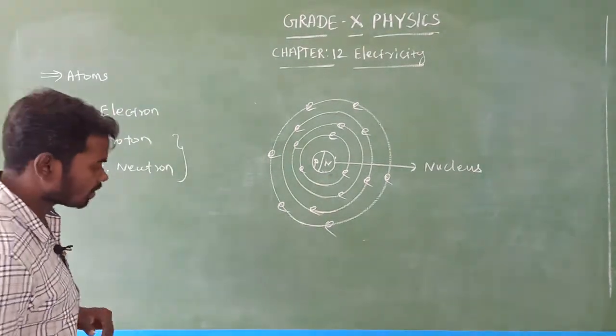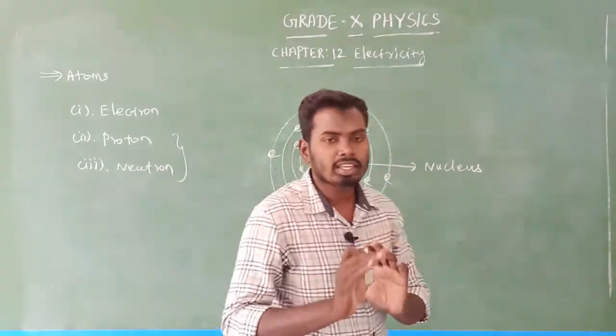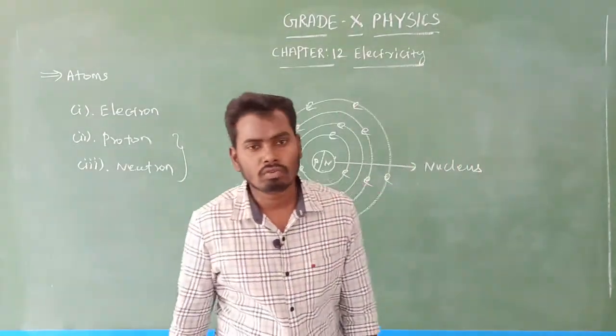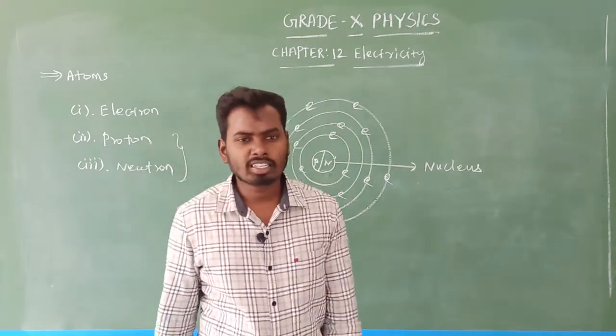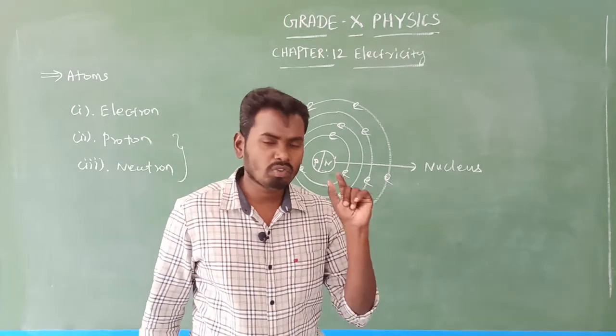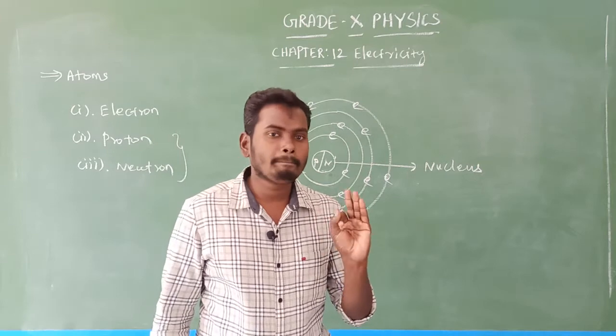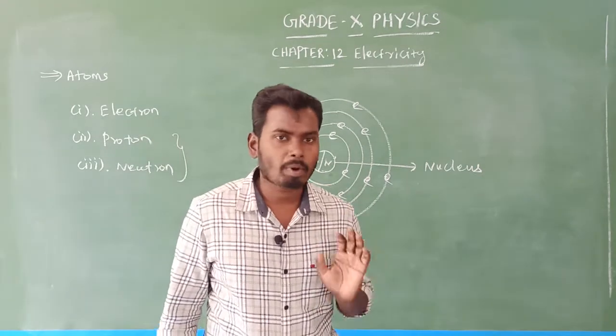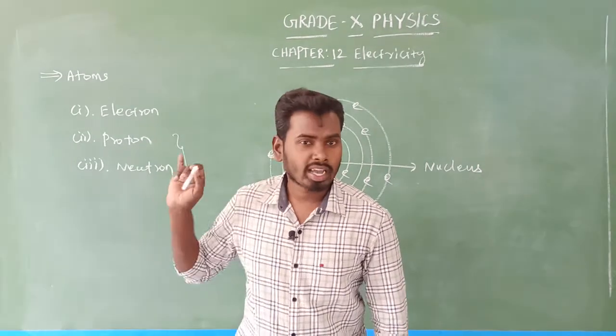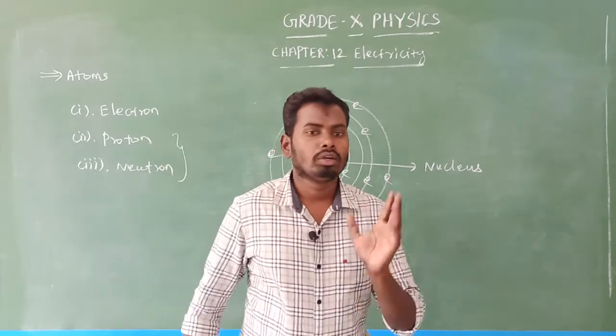So first of all, in this world everything is made up of atoms. Atom means nothing but a very tiny particle. An atom contains three main important subatomic particles: first one electron, second one proton, and third one neutron.